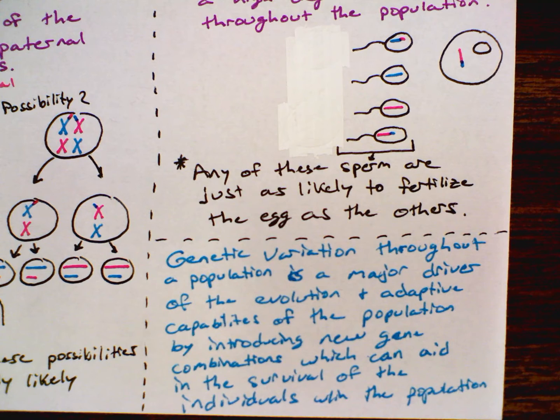So that final statement says, genetic variation throughout a population is a major driver of the evolution and adaptive capabilities of the population, by introducing new gene combinations, which can aid in the survival of individuals within that population. So let's say that there's some big event that occurs within an ecosystem, like a major drought or something. There could be some individuals, due to genetic diversity, that are better suited to surviving in a drought than others.